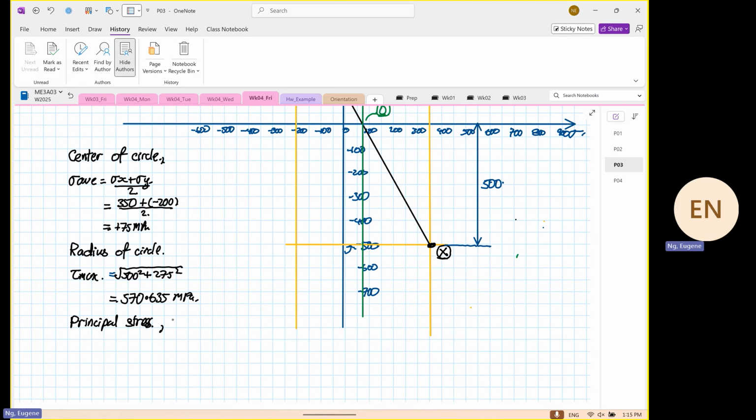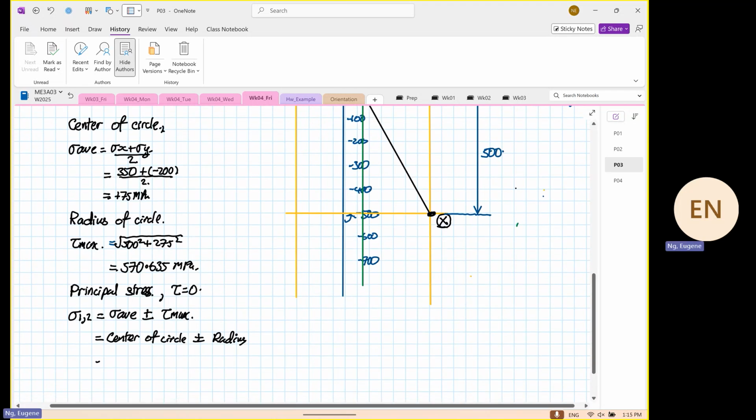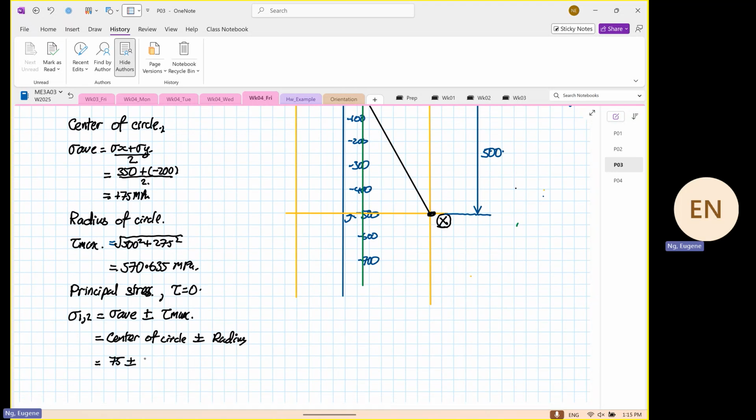At the principal stress, you know that the shear stress is equal to 0. So now we can determine our stress 1 and stress 2. It's basically your stress average, which is the center of the circle, plus minus tau max. So in terms of English, this is the center of the circle plus minus your radius. The center of the circle is 75 plus and minus 570.635.